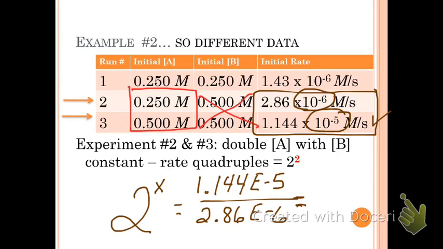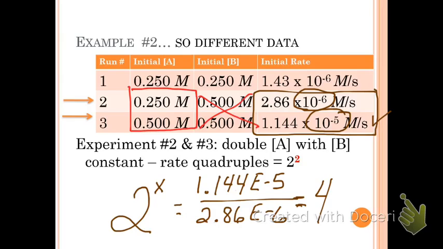And you're going to divide this by either 2.86 e negative 6 or open parenthesis, 2.86 times 10 to the negative 6, close parenthesis. Push the equal button, and you should come up with an answer that is either close to or can be rounded to 4.